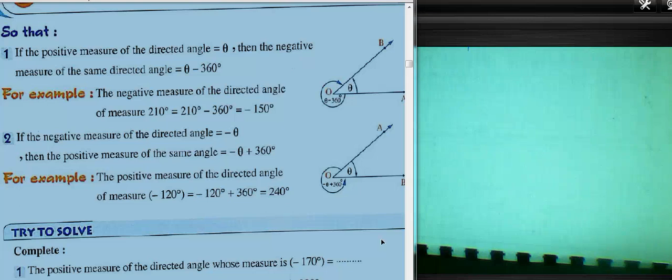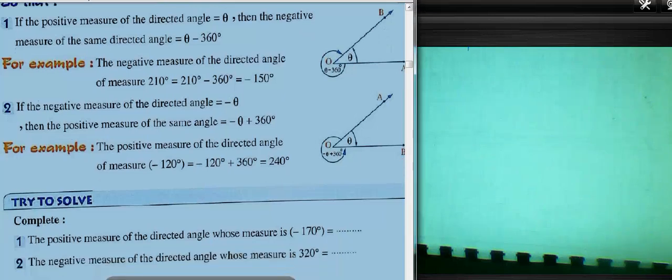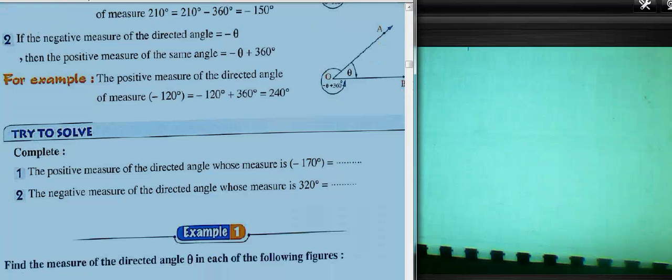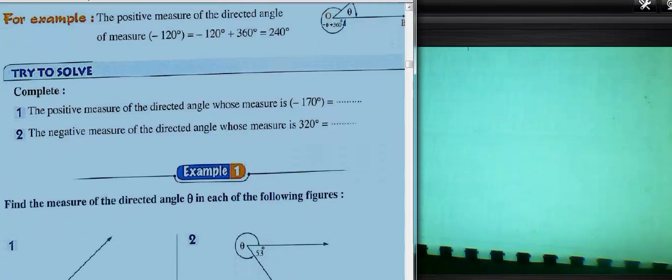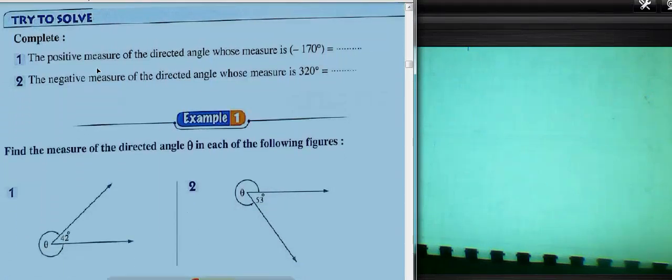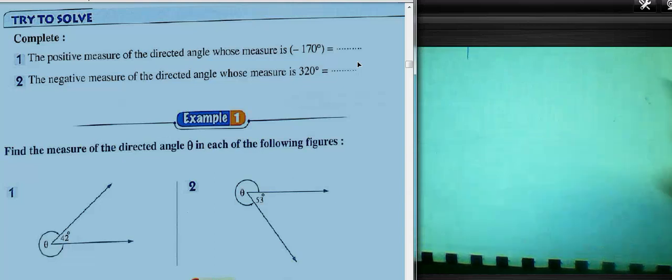Again, we will solve it. Look at this. Pay attention with me. Number 1, the positive measure of the directed angle whose measure is negative 170 equals blank. He wants to find the positive measure, so we can find it by adding 360.